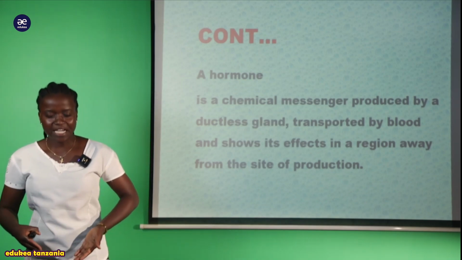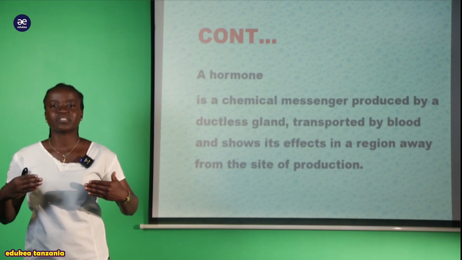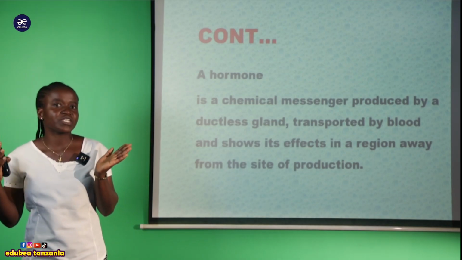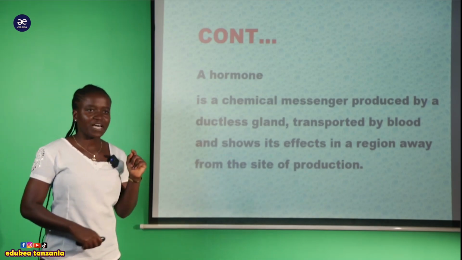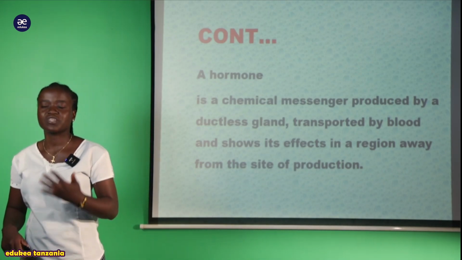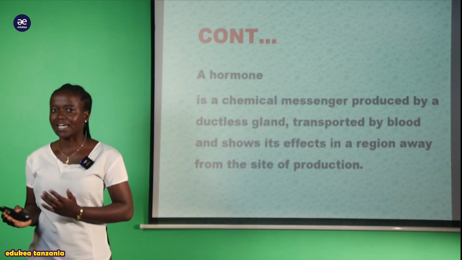So it can bring growth within the foot, or it can bring growth on the abdominal region, but it may be produced on the neck region, and that is the meaning of hormones, which are produced within the endocrine glands, within the ductless glands.